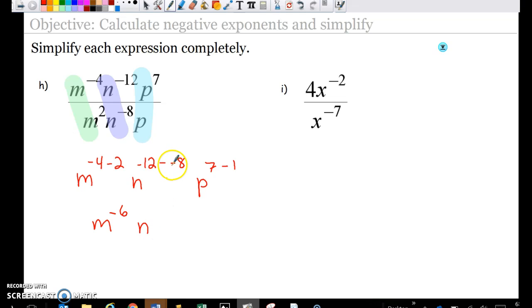Now a negative minus a negative turns into a positive. Negative 12 plus 8 would be negative 4, p to the 6th. Now everything with a negative exponent is going to move to the denominator of this product. So it'd be p to the 6th, and they become the reciprocal of their positive counterparts. Oops, that's supposed to be an n. Let me try again. n to the 4th.